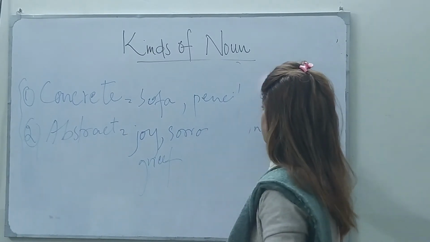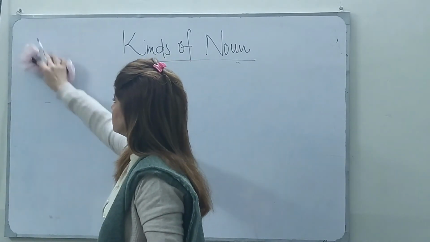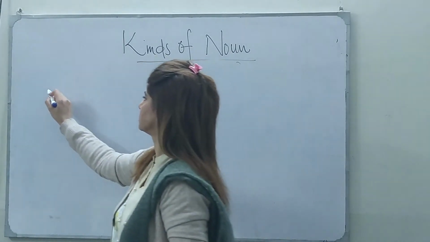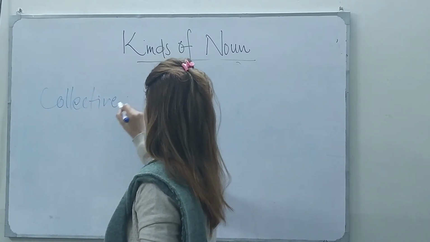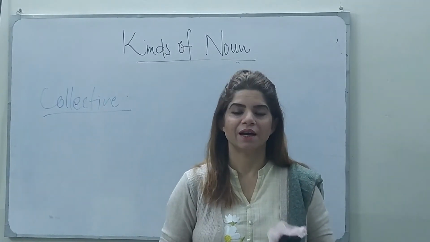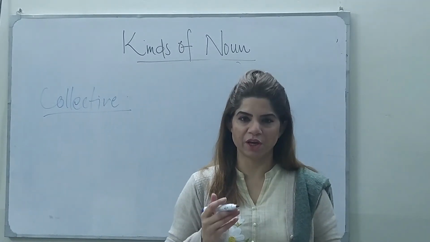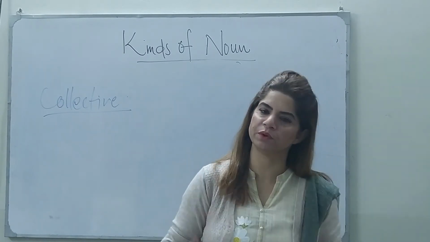Now moving towards the next kind, collective noun. The very interesting thing about collective nouns is that if these words come in the singular form, they will give the plural meaning.